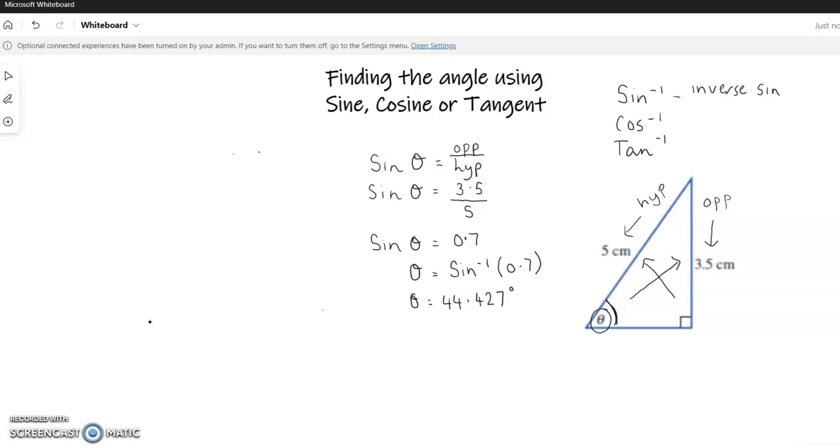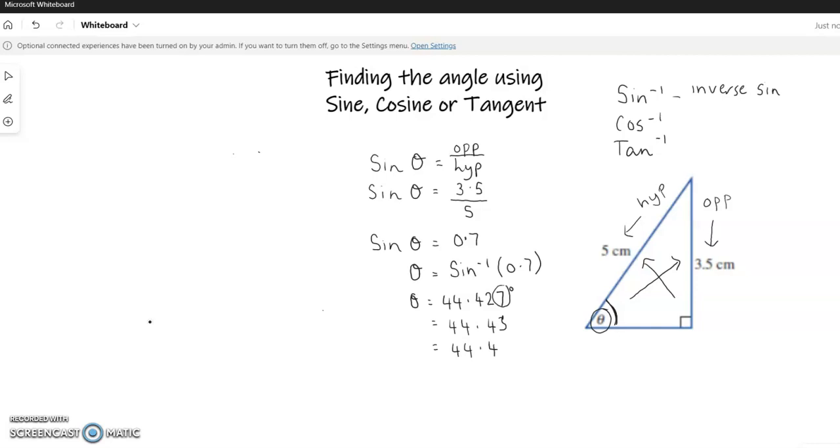We can give it to 2 decimal places, which means it would be 44.43. We have to round up, because our third digit is 7, so we add 1 to the 2 and make it 3. If we wanted to write it to 1 decimal place, it would be 44.4.